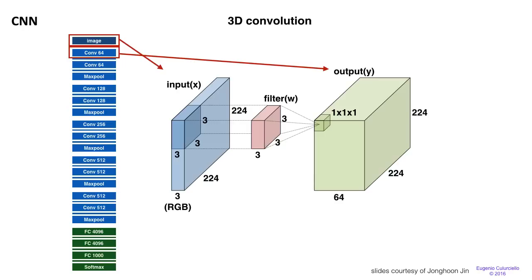So this is the convolution. This is the most important and the heaviest operation in the convolutional neural network, and that's where they get the name convolutional neural networks. In general, these convolutions are actually 3D convolutions.